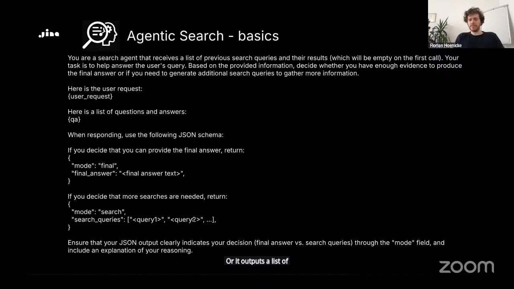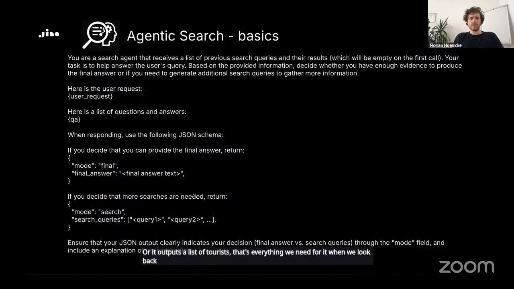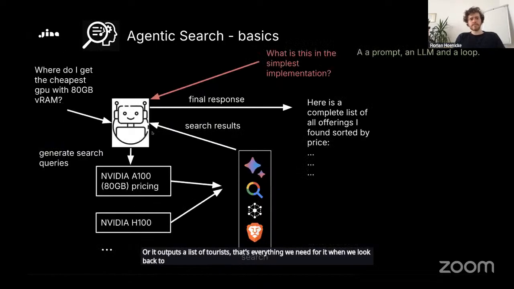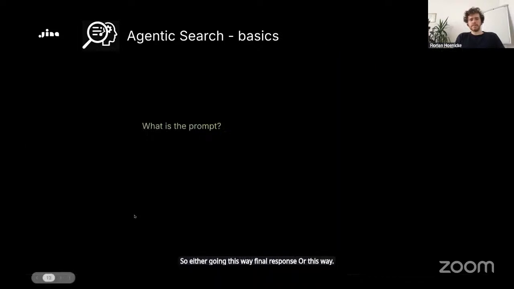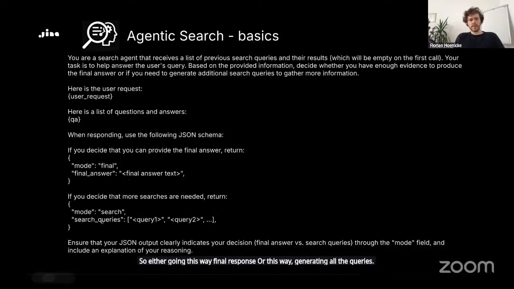That's everything we need for it. Looking back to the slide from before, either going this way, final response, or this way, generating all the queries. So that's really it. That's everything you need for the prompt writing.